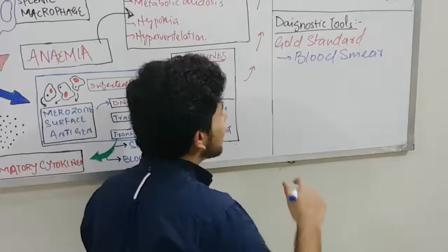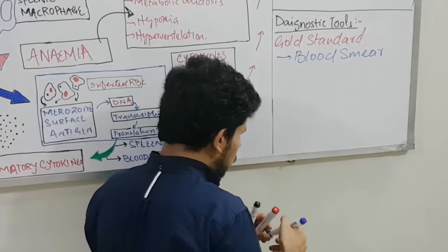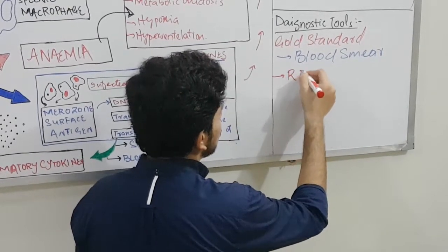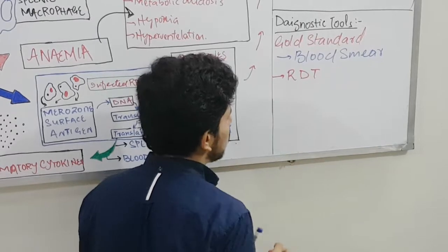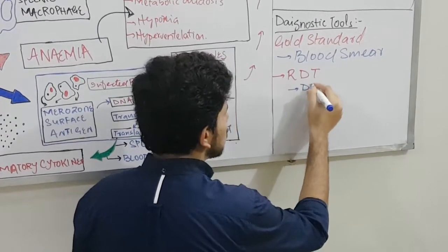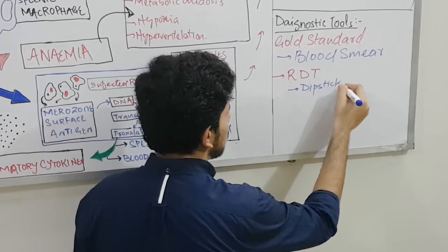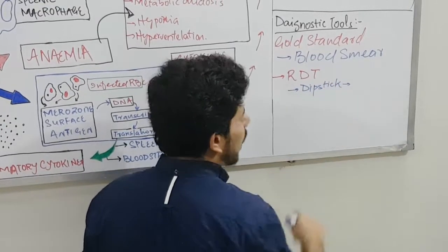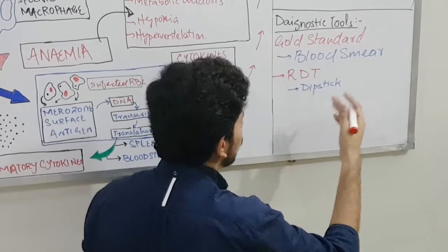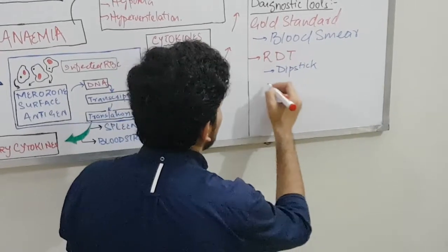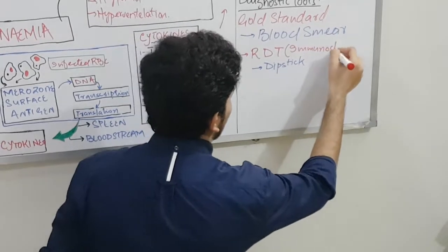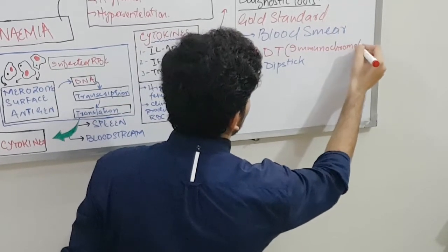But nowadays another alternative process is known, which is the rapid diagnostic tool, RDT. And this rapid diagnostic tool includes dipsticks, which rapidly diagnose, and this whole process of rapid diagnostic testing is known as immunochromatography.